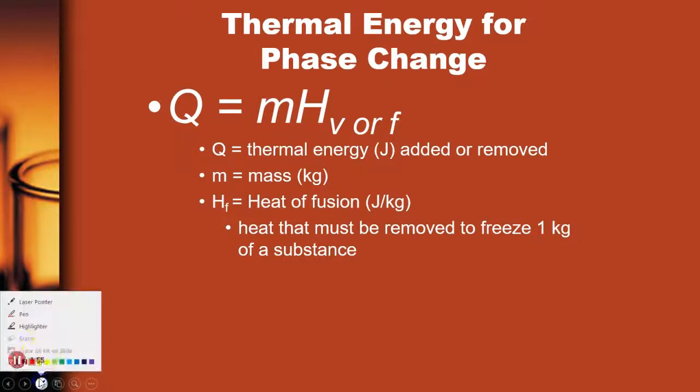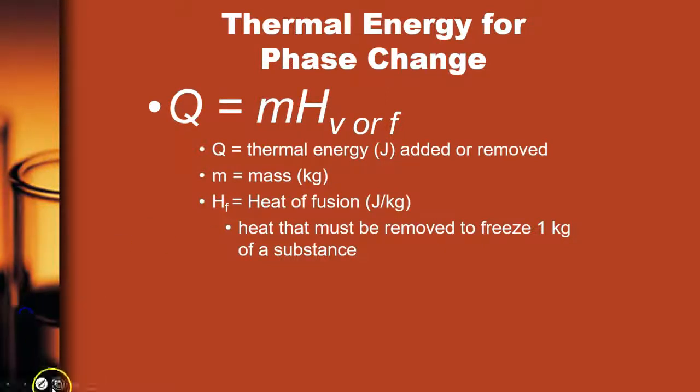Now, out beside this, let's see if I can write it to where you can read it. Let's do a yellow. I want you to write this: freeze slash melt. Horrible writing, I know. You need to know that the heat of fusion applies to both of these phase changes.